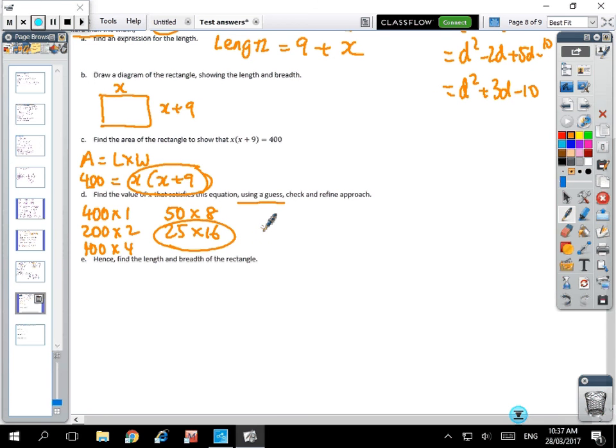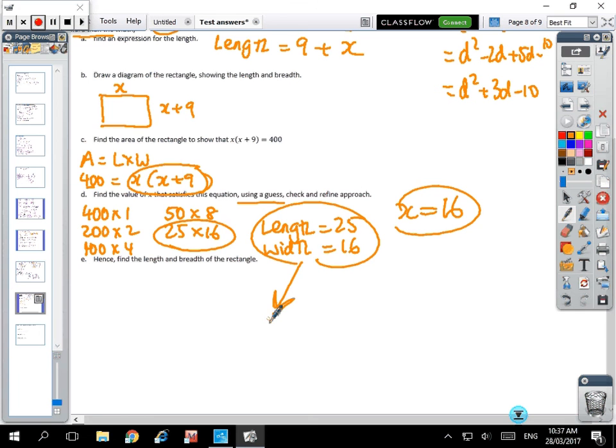So the length is 25 and the width equals 16. Find the value of x. So x is the smaller number, so x equals 16, and that's the answer to that question.